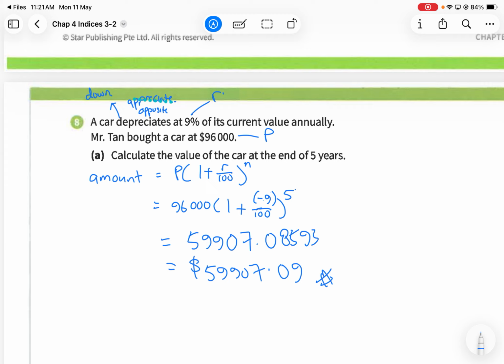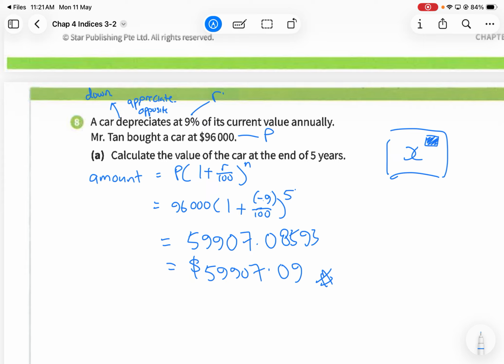Do you all know how to press the calculator for this power of 5? There is a button beside your x squared. The button looks like x with a square here. This is the button. After you press your brackets, then you press this one, then you can choose a 5.